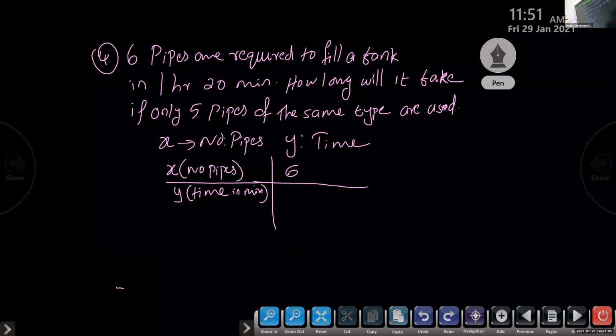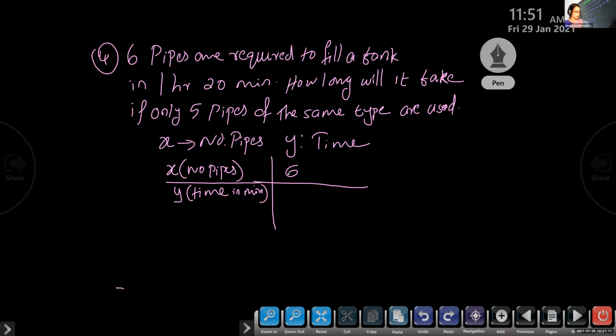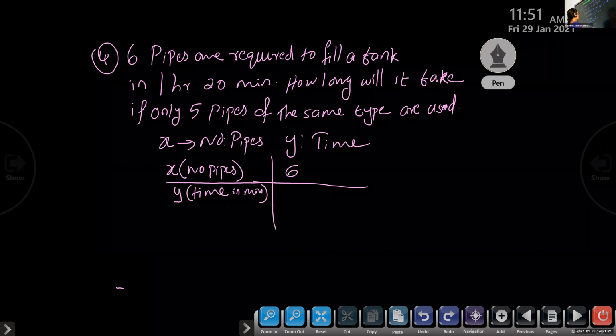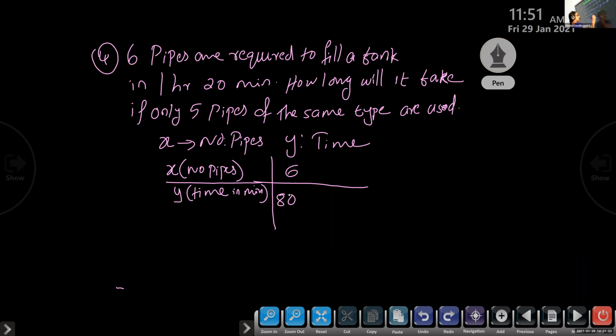How many minutes in total? 1 hour 20 minutes is 80 minutes. And if we use 5 pipes, we need to find y2.